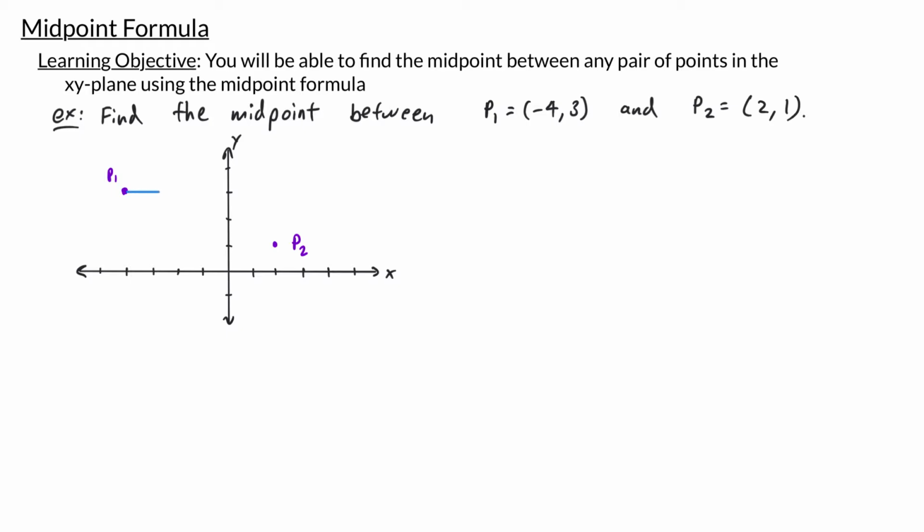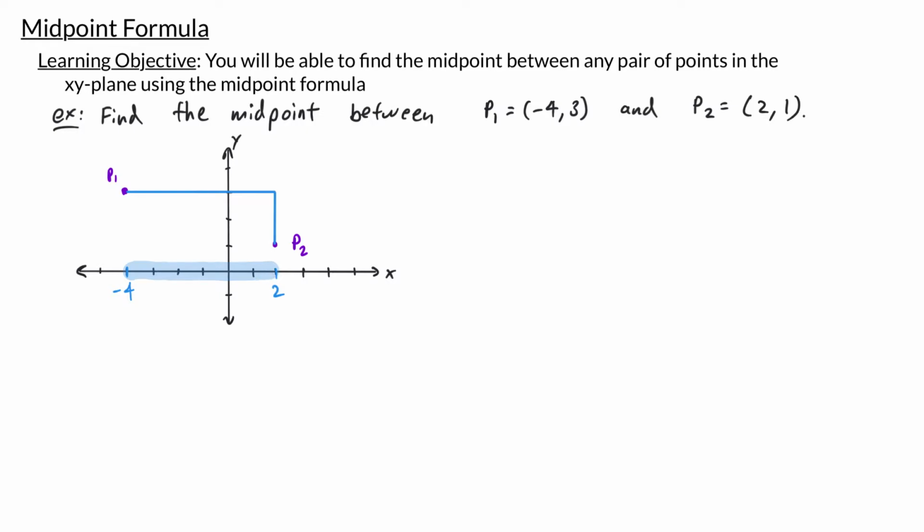Horizontally, we have to traverse this length. Vertically, we would have to traverse this length. Let's try to be more specific about the lengths. P1 has x-coordinate -4 and P2 has x-coordinate 2. So how far we have to traverse horizontally would be the distance between -4 and 2.